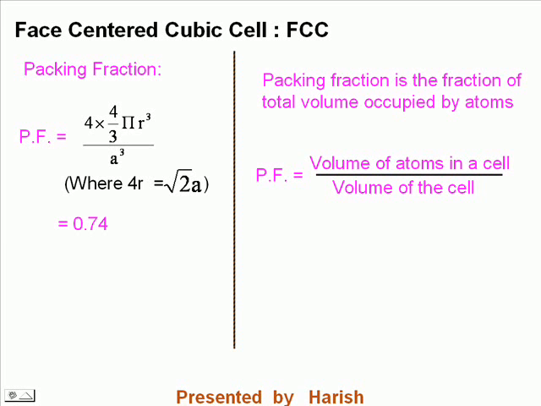Only about 74% is filled, and the efficiency we have got in this FCC is the best possible. We'll see why you can't have more than 74%. That makes the void fraction 0.26.